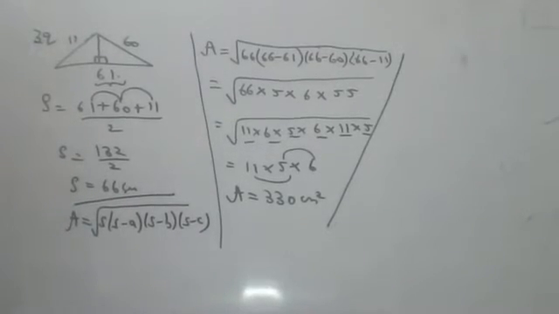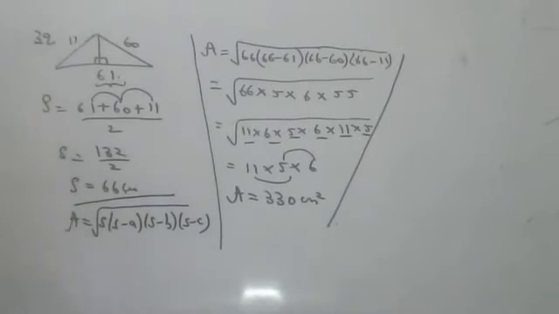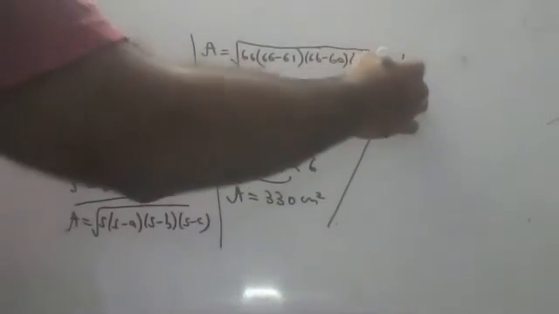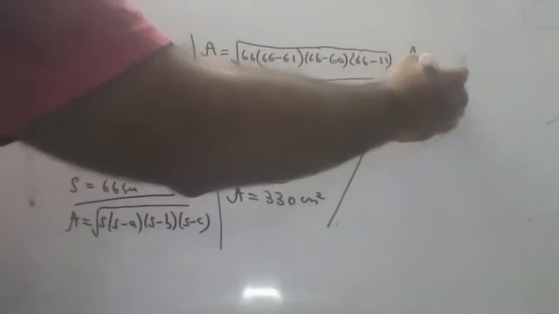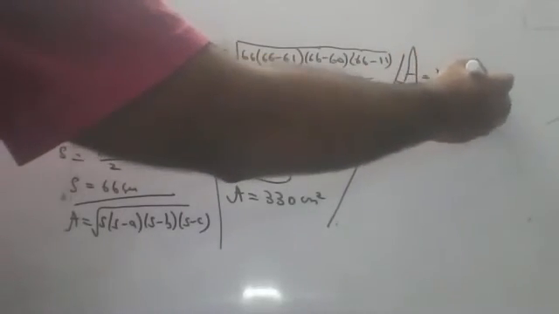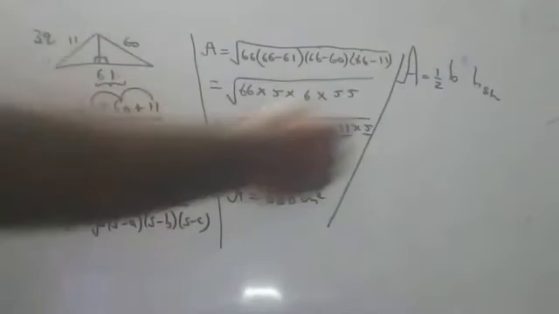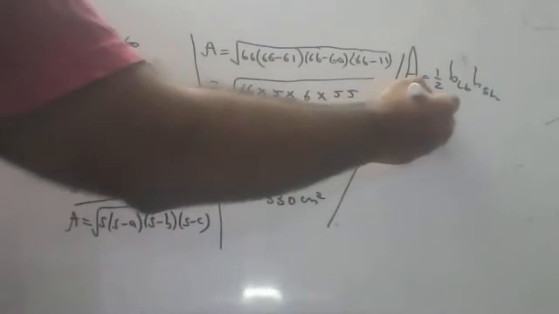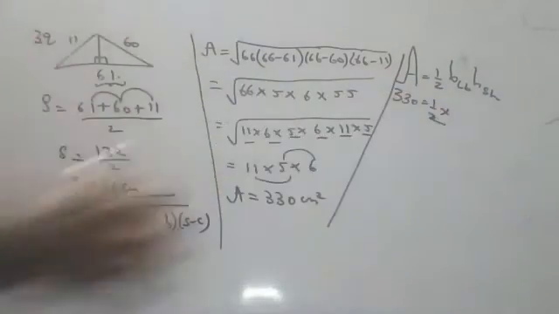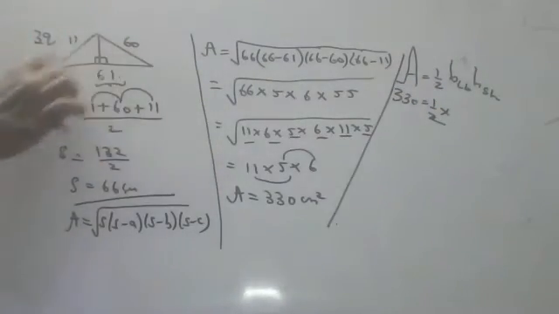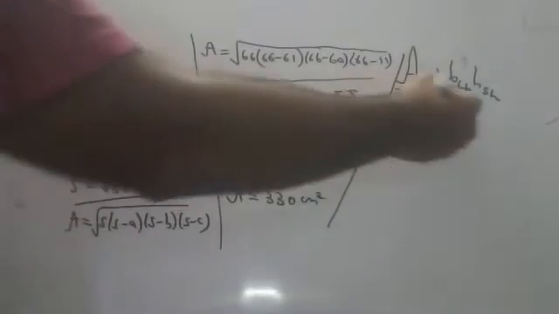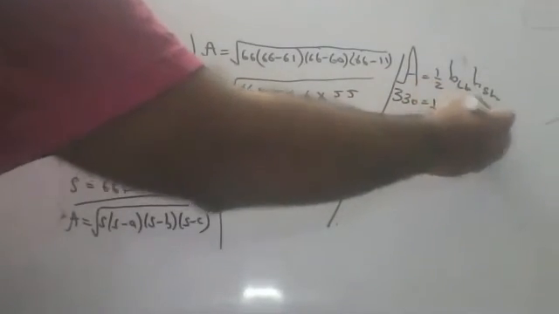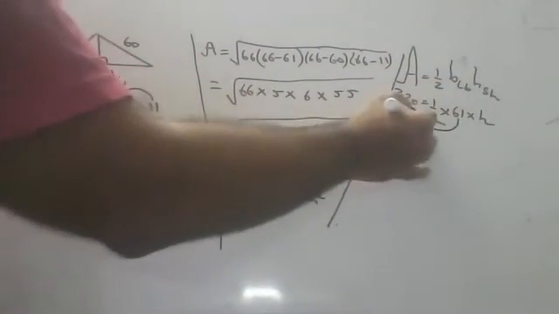Okay, children. Once you know area, now it is easy to find out height. If you want the shortest height, then I should take longest base. 330 is equal to half into, what is your longest base, children? Longest base is 61. So you'll get shortest height. 2 will go up, 61 will come down.